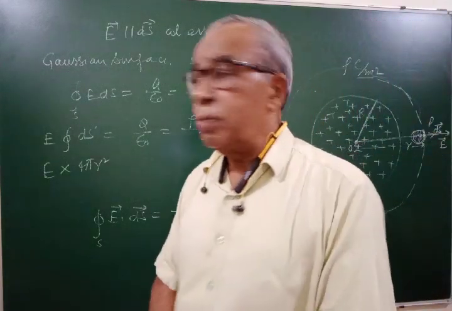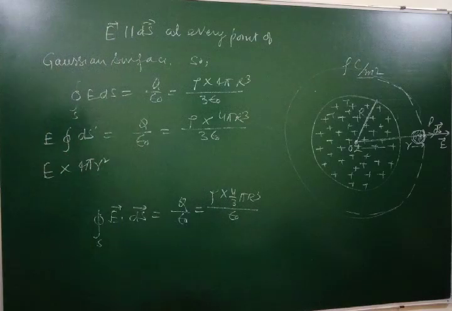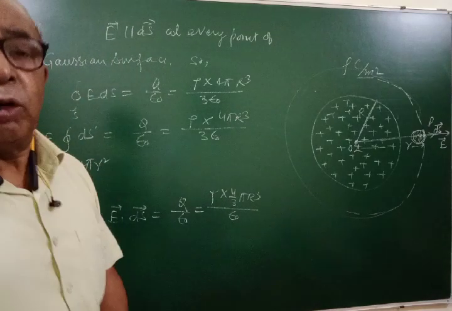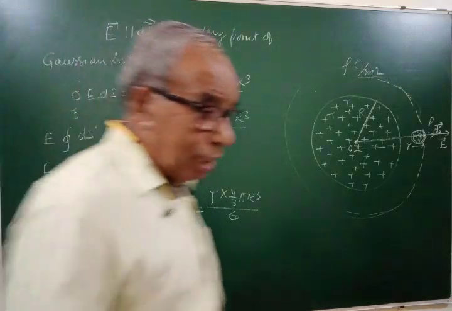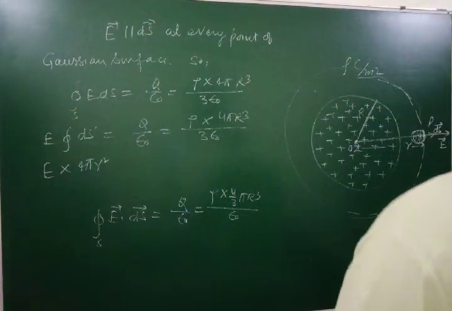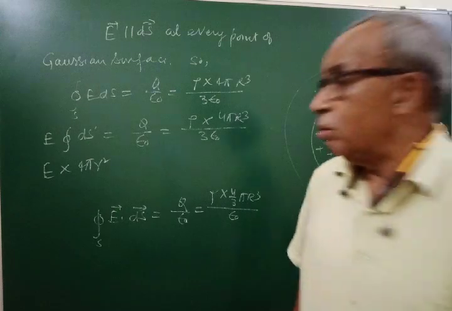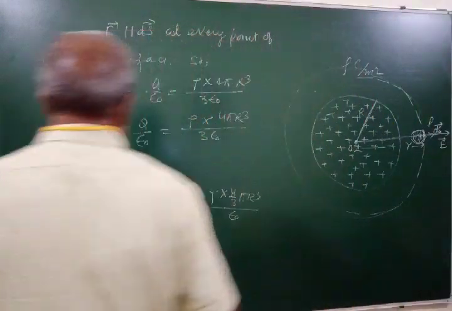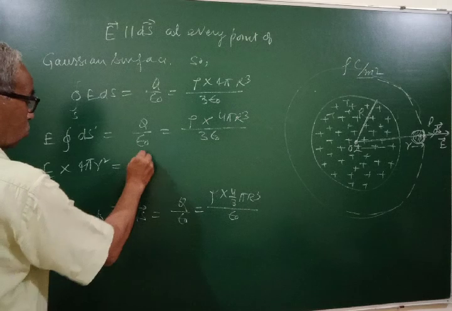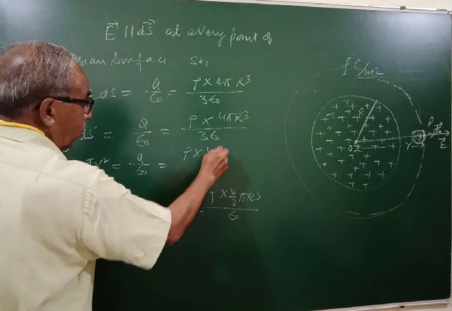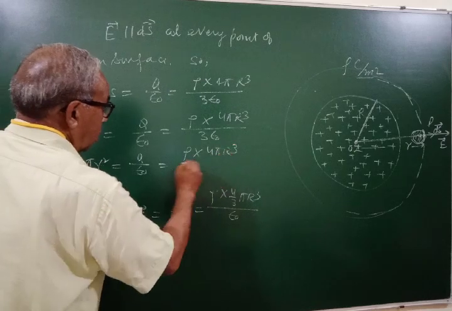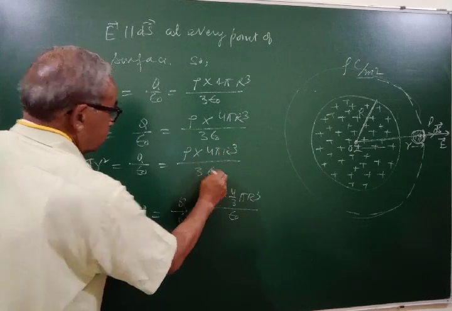Surface area of a sphere is 4 pi r square. Please learn mensuration also. Fundamental mathematics should remain in your brain. Keep on working hard. So E into 4 pi r square is equal to Q upon epsilon 0, or rho into 4 pi R cube upon 3 epsilon 0.